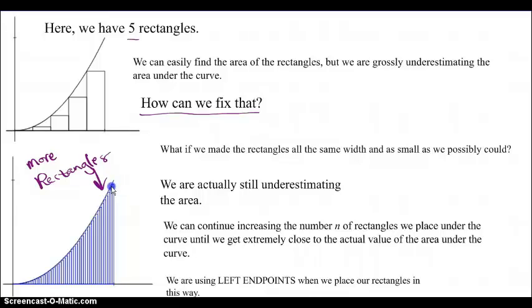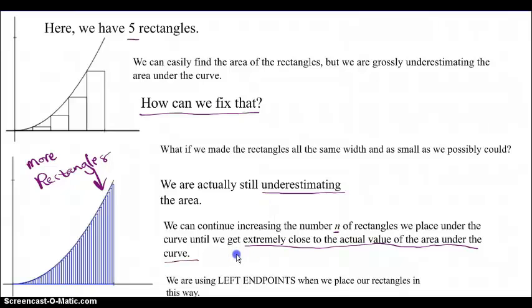And you can see these little areas here and here and here and here. We're still underestimating the area trapped in the plane between this curve, the horizontal axis, x equals 0 and x equals 1. But if we continued increasing the number of rectangles, let's say we had n rectangles that we place under the curve, until we get extremely close to the actual value of the area under the curve.